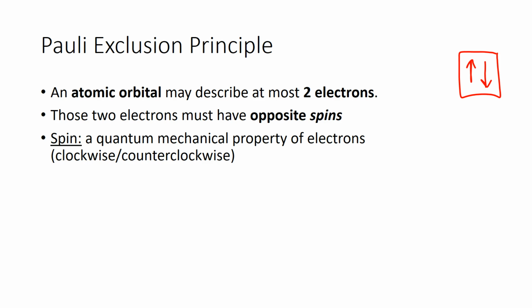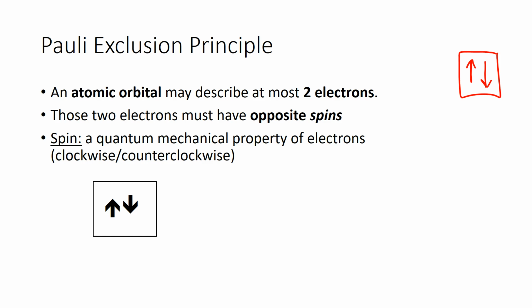We're going to represent it by an up arrow or a down arrow. We don't really need to get too deeply involved in that. So again, we fill an orbital with an up arrow and a down arrow, and each orbital can only hold 2 electrons.